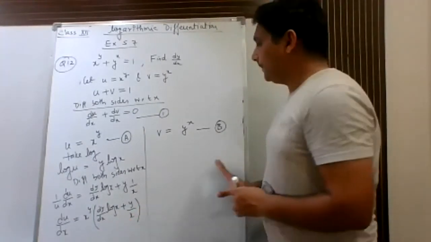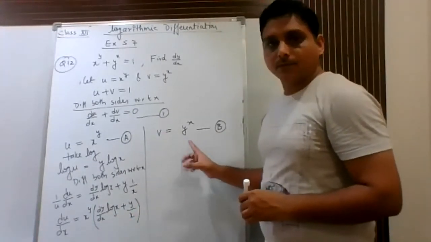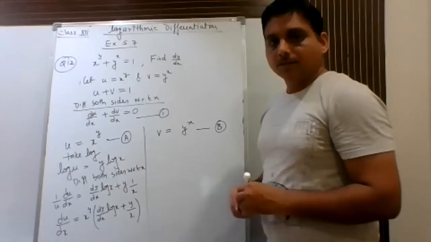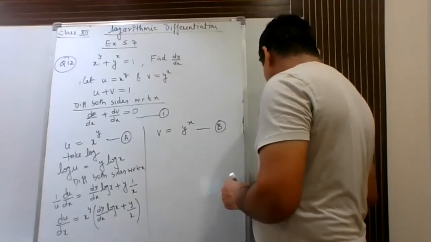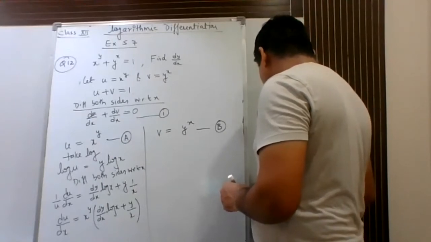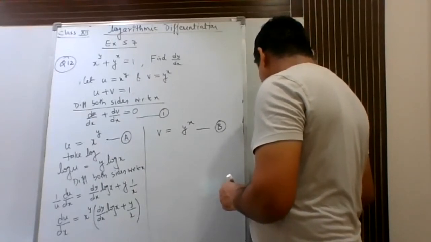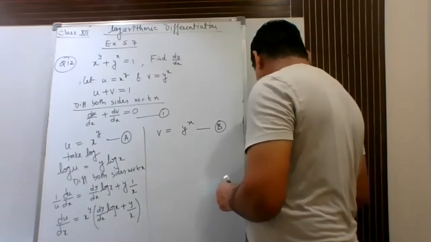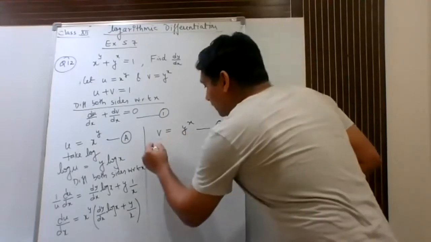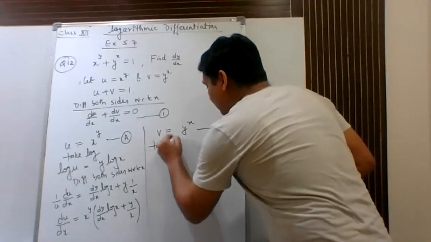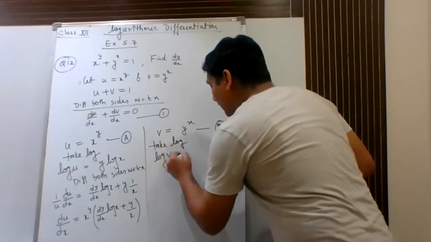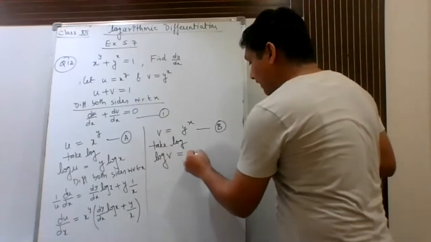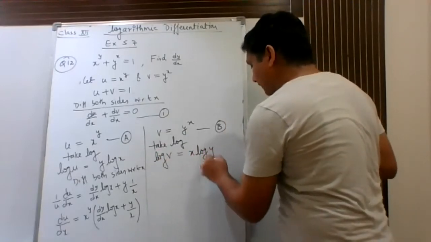Now similarly for this b, we proceed by the same steps. So your steps will be just to take log on both the sides. So when you take log on both the sides, you get this as, take log. So this will be equal to log b can be written as x log y.